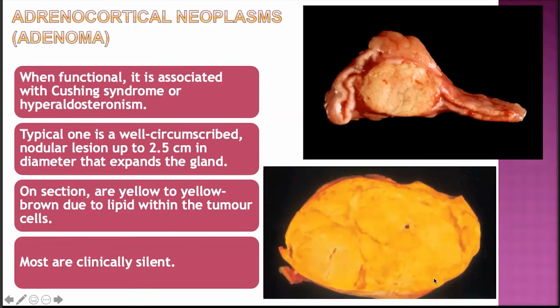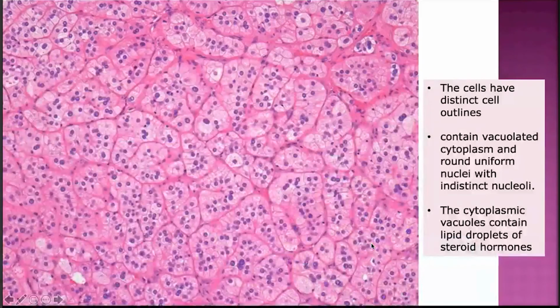On the cut surface, you can describe the color. It's yellow to brown in color due to lipid content within the tumor cells. Most of the cells within the cortex contain lipid, that's why when they proliferate forming a neoplasm like this, it tends to be yellow. Most are clinically silent, meaning non-functioning.